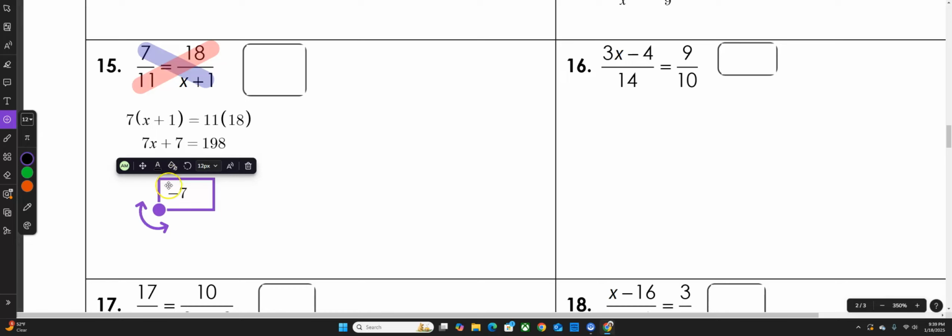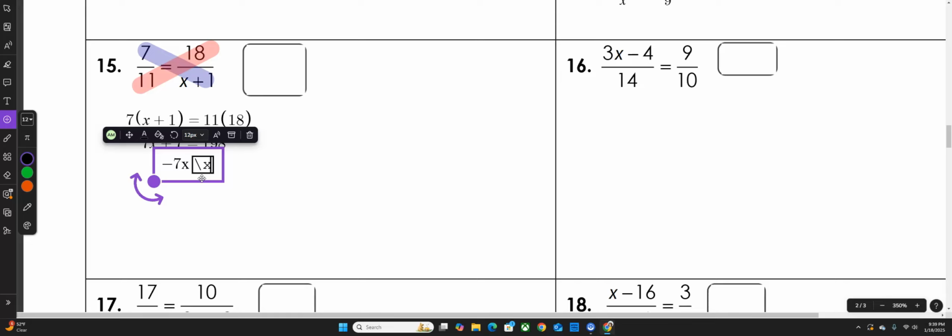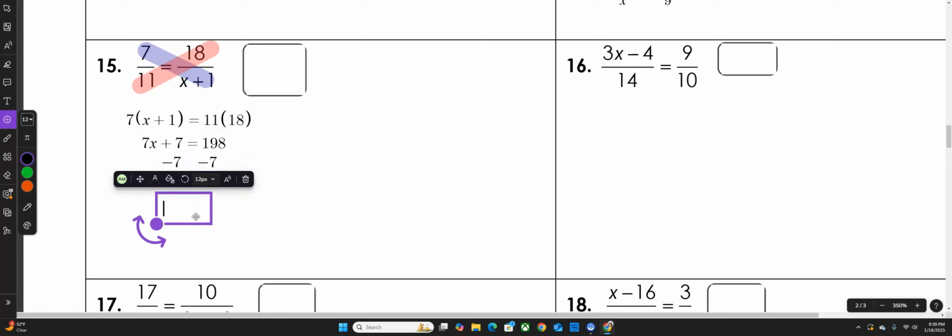I'm going to subtract 7 from both sides. And that is going to leave me with 7x is equal to 191.